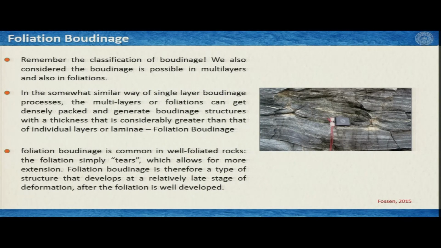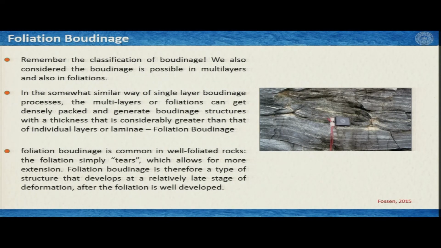In a somewhat similar way to single layer boudinage processes, the multilayers or foliations can get densely packed and generate boudinage structures with a thickness that is considerably greater than that of individual layers or lamina, and these are known as foliation boudinage. Now, what do we mean by this?